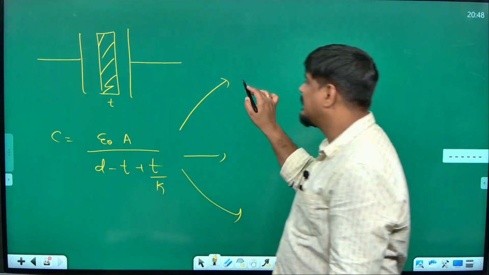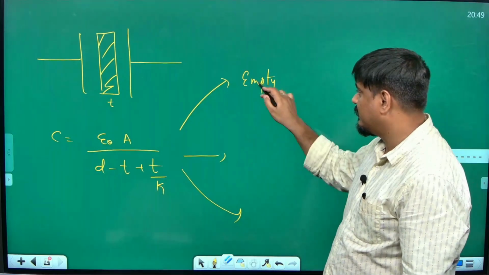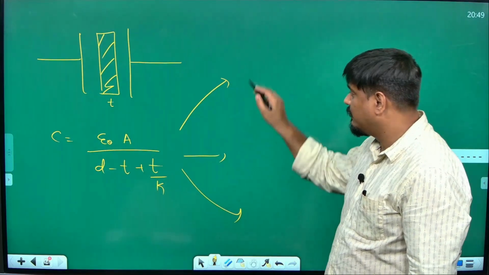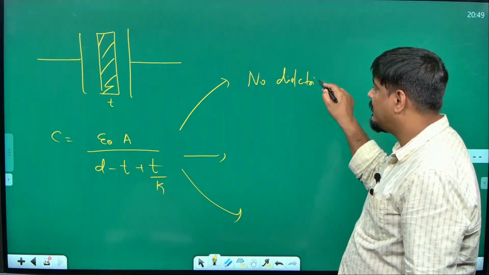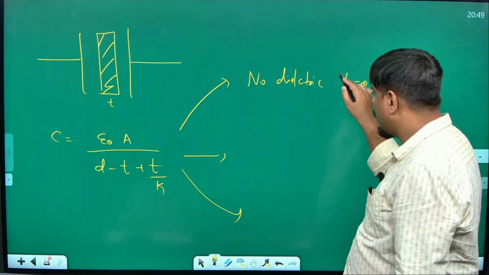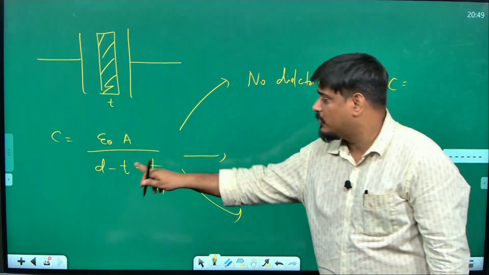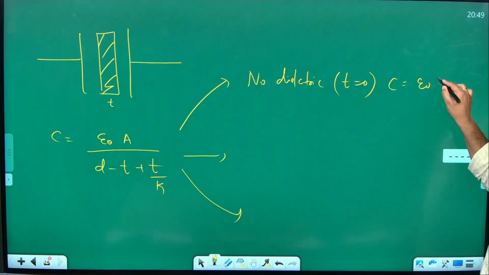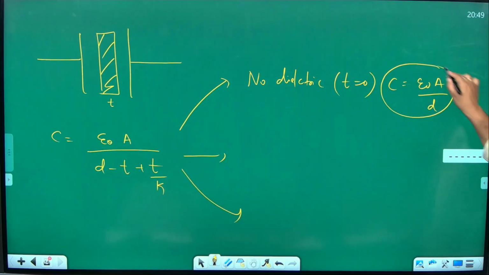First possibility is empty capacitor, that is no dielectric. If there is no dielectric, what is T? T is 0. If T is 0, what will happen to C? You will get C is equal to epsilon naught A by D. The same thing which we derived earlier, we got now.